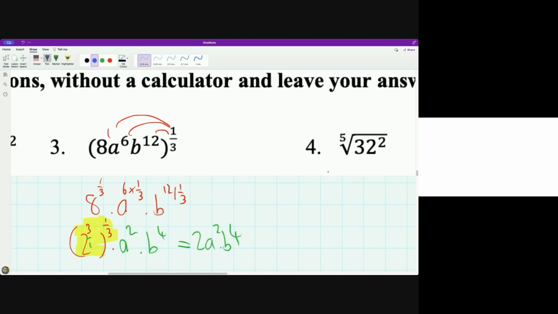Now, with the second one here, we have to go from surd form to root form. And all we're going to do is do that. And then we're going to change the 32 into something more helpful. What do you think I could change the 32 to be more helpful?